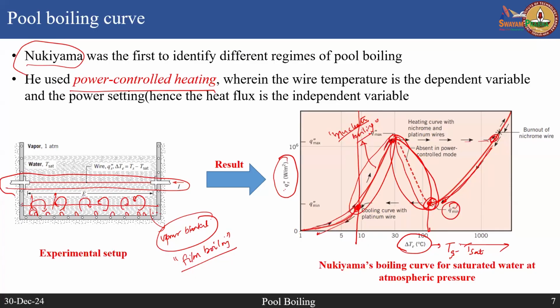So you may ask, when I have this vapor blanket, it is going to deteriorate the boiling heat transfer, so what causes the further increase in the heat flux? This is attributed to radiation, because the excess temperatures are already hundreds of Kelvin.